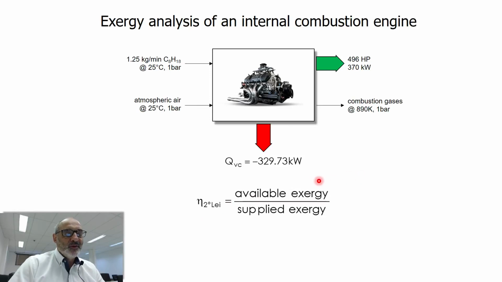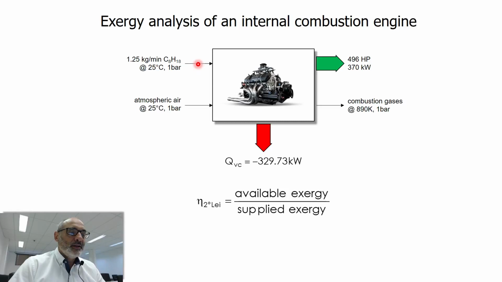Which is the available exergy, available meaning useful, so it's what we're calling here shaft power. So available exergy is this number here, divided by supplied exergy. Supplied exergy is the exergy content of the injected fuel.